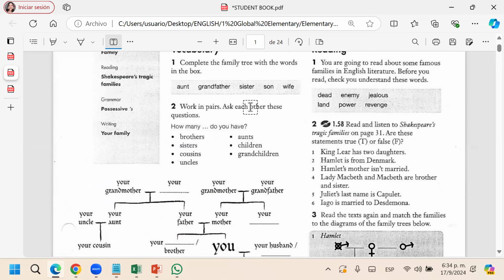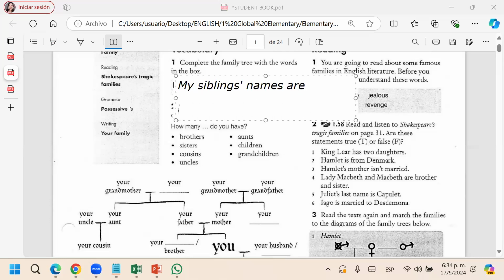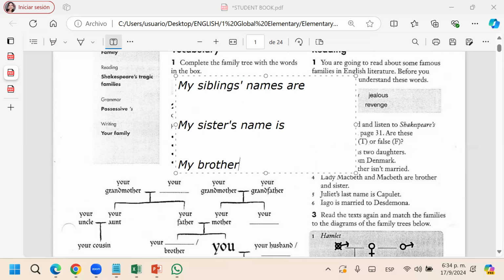If you have two, you can say my siblings' names are my sister's name and my brother's name.